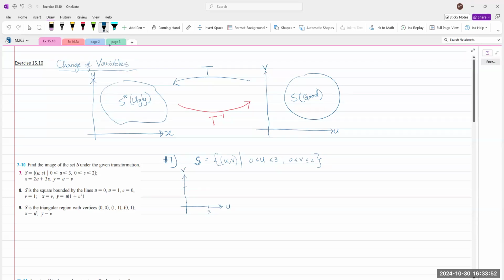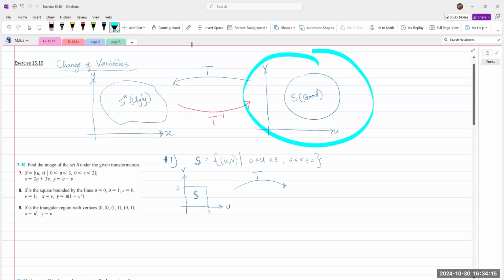But no, this is not the one they want. This is the good one, right? The question is to find the image of this set under the transformation. So we want to find it using transformation T. Remember, we come from the good one.